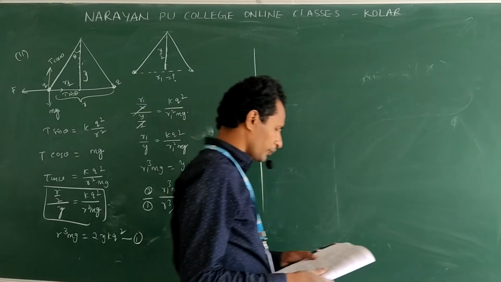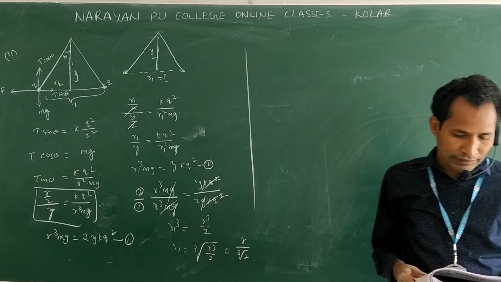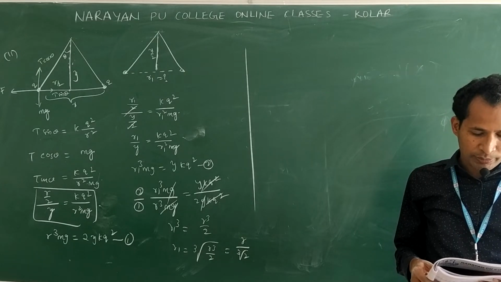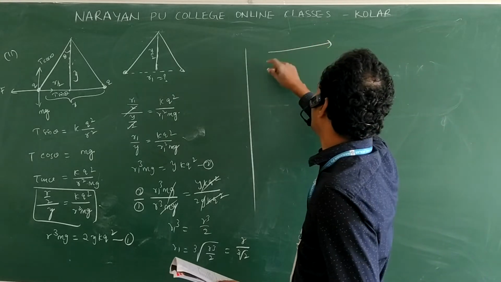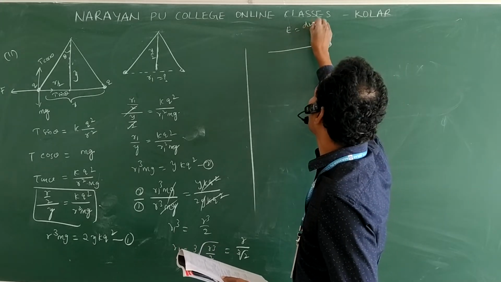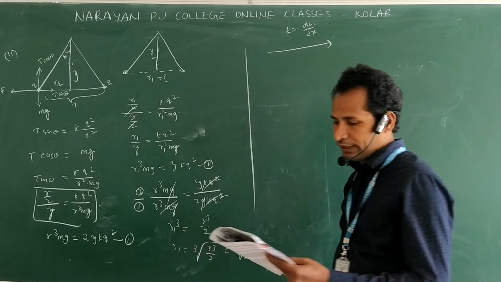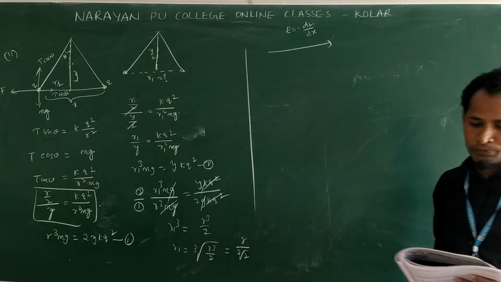Next, question 3. A, B and C are 3 points in a uniform electric field. The electric potential is maximum at A, maximum at B, maximum at C, or the same at all the 3 points A, B, C. If you move in the direction of the field, what happens? The potential decreases. E is equal to minus dV by dx. So they are asking about the electric potential.